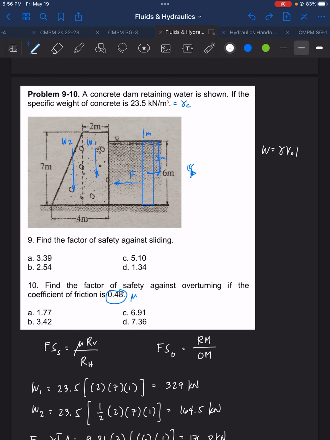It involves forces that tend to overturn the structure. Here in the figure, that is the force F of the water. The water tends to overturn the concrete dam if it becomes too strong for it.